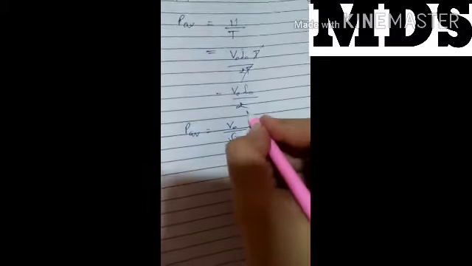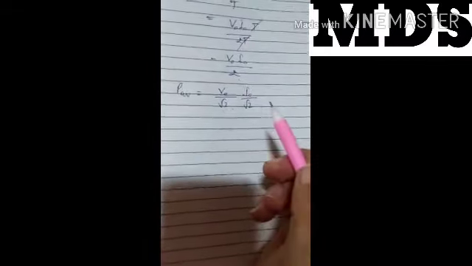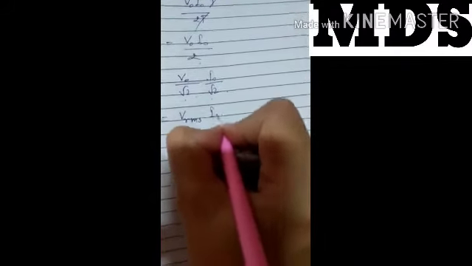We separate the 2 into under root 2 and under root 2, and V naught by under root 2 is the RMS value of voltage, and I naught by under root 2 is the RMS value of current. Then power equals V RMS into I RMS. That is the average power for pure resistance in an AC circuit over a complete cycle.